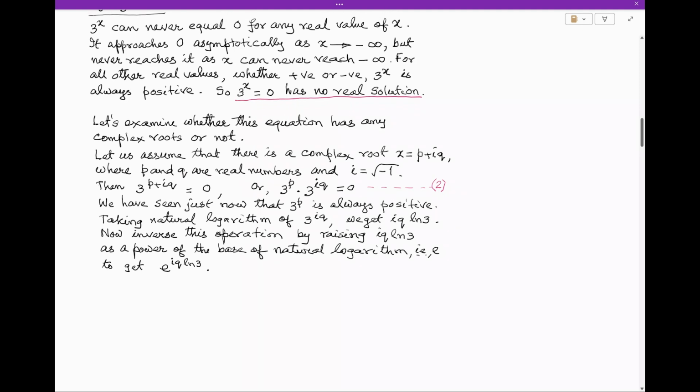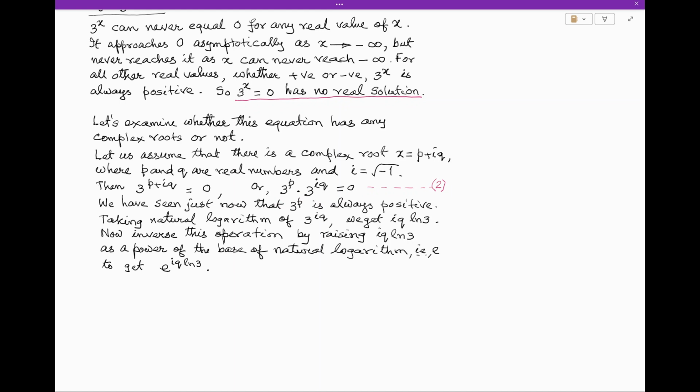Then the equation 3 to the power of x is equal to 0 becomes 3 to the power of p plus iq is equal to 0, or 3 to the power of p multiplied by 3 to the power of iq is equal to 0. Let us call it equation 2.